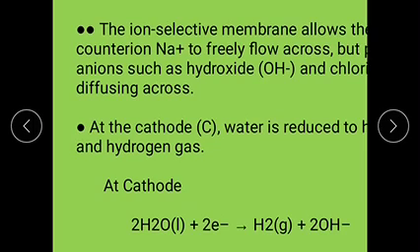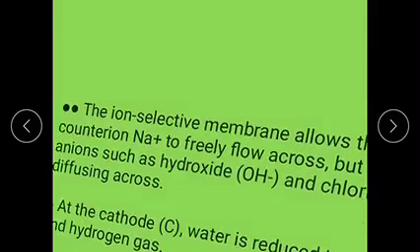The ion selective membrane allows the counter ion Na+ to freely flow across, but anions such as hydroxide and chlorine gas are prevented from diffusing across. At the cathode, H2O molecules gain electrons and give hydrogen gas plus 2OH- ions.